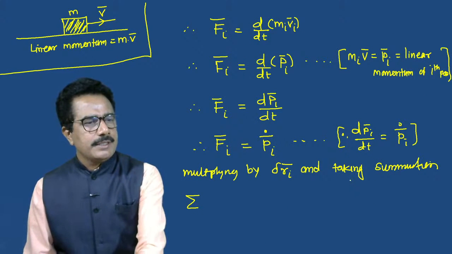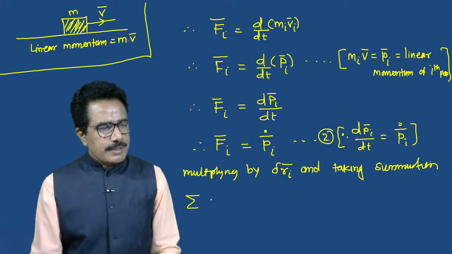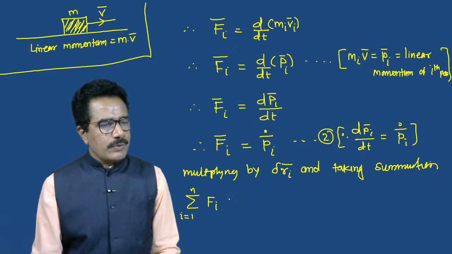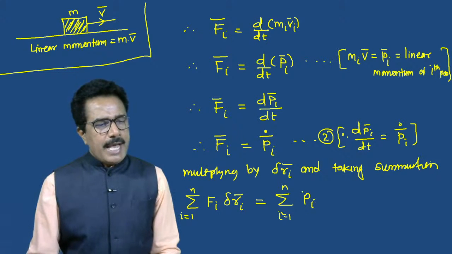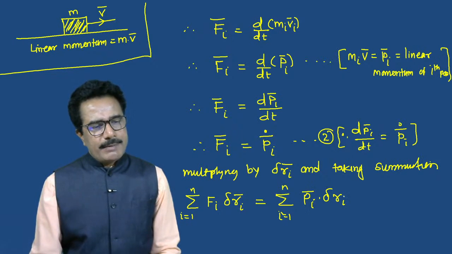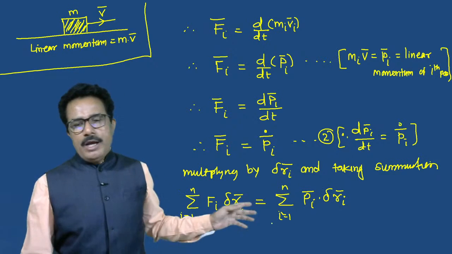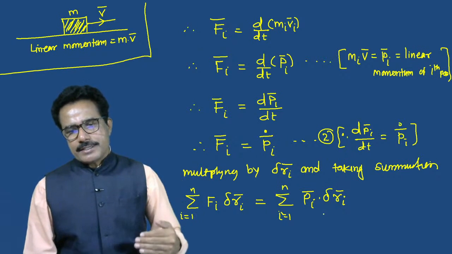So this is equation number 2. Summation of Fi from i equals 1 to n into delta Ri bar, which is equals to summation i equals 1 to n pi bar dot delta Ri bar, multiplying on both sides by delta Ri and taking the summation.